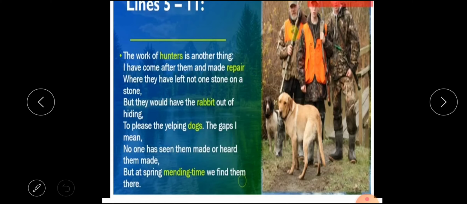Next lines, but they would have the rabbit out of hiding to please the yelping dogs. Now here the speaker continues to point out the trouble the hunters cause. They don't even hesitate to tear down the walls to find the rabbits from their hiding places to please their barking, yelping dogs, right?